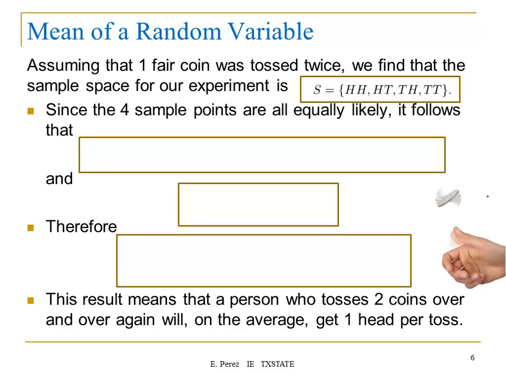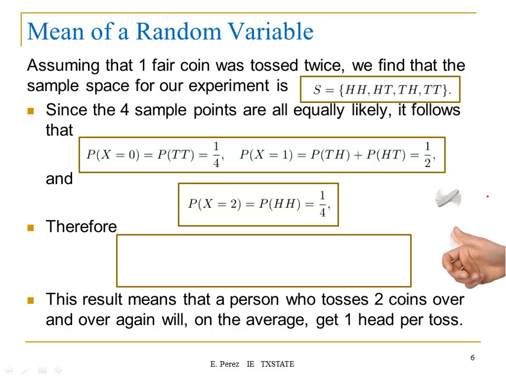The only options are two tails, two heads, one tail and one head, or one head and one tail. Since these 4 sample points are all equally likely, the probability of getting 0 heads or getting 2 tails equals 1/4, and the probability of getting 1, if you sum them, equals 1/2, because each outcome of your experiment has the same probability.